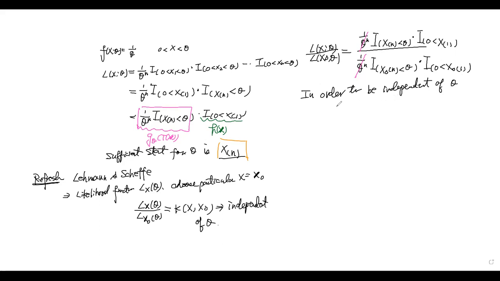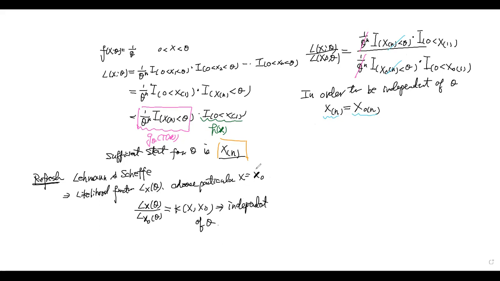We have to let the nth order statistic be equal to x0's nth order statistic. If they are equal, then you can cancel those out too, and that's why it's independent of theta. So my nth order statistic has to equal x0's nth order statistic.